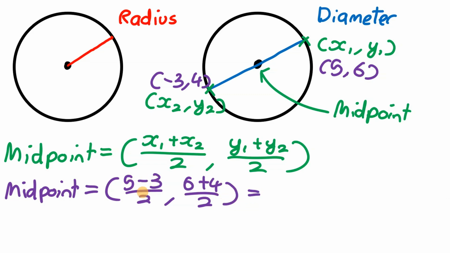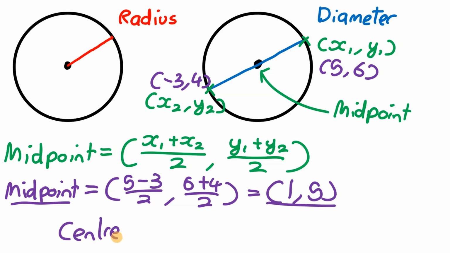So 5 minus 3 is 2 divided by 2 is 1, and 6 plus 4 is 10 divided by 2 is 5. So this is the midpoint of these 2 points here, so therefore the center of this circle here is going to be this point, 1, 5.